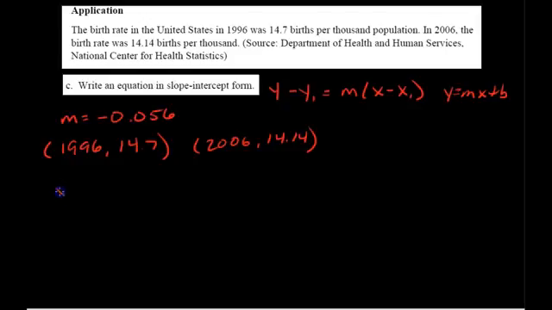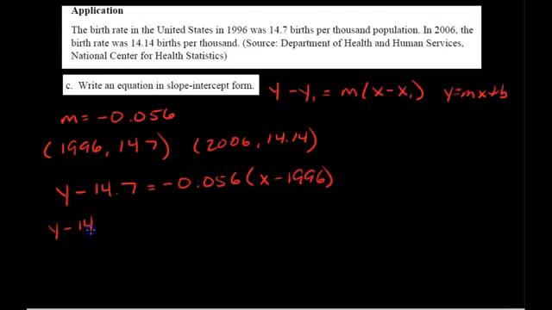So we would substitute and put y minus 14.7 equals negative 0.056 times x minus 1996. Solving, y minus 14.7 is equal to negative 0.056x. I'm doing the distributive property.